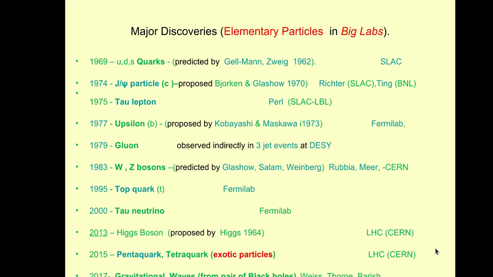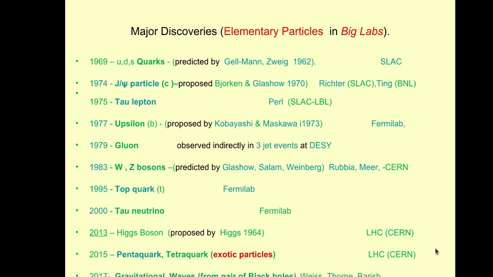Then at DESY, Germany, gluons were observed indirectly as 3-jet events. And then in 1983, the W and Z bosons. These are the quanta of the weak force, as you can see from the first sheet. It was predicted by Glashow, Salam and Weinberg that if electroweak theories are to be described through relativistic quantum field theory, then we have quanta associated with the weak force.